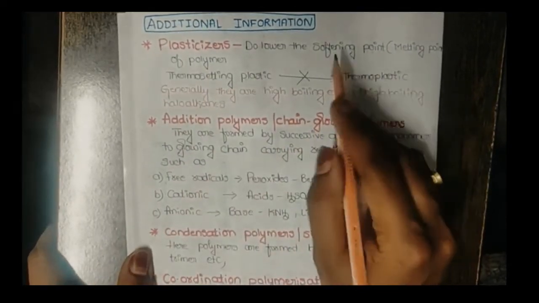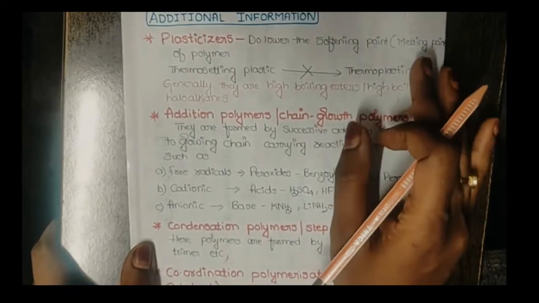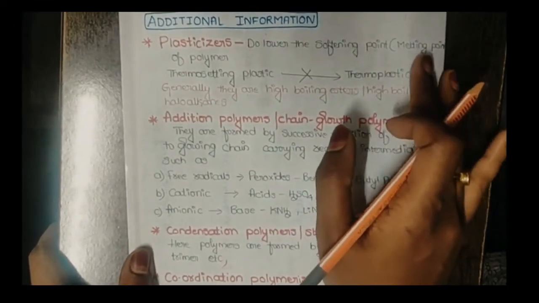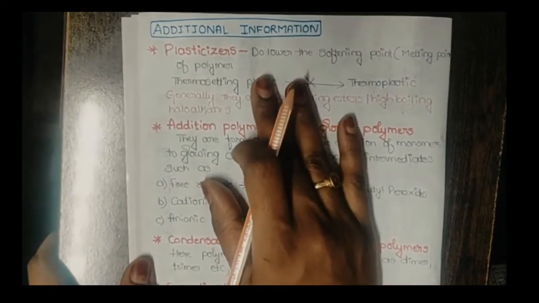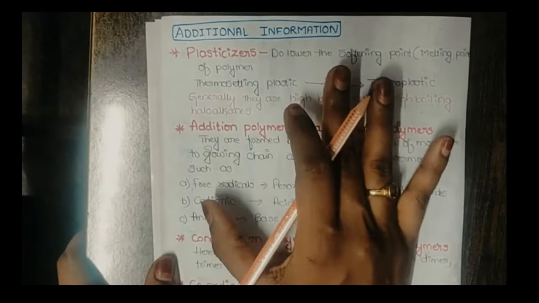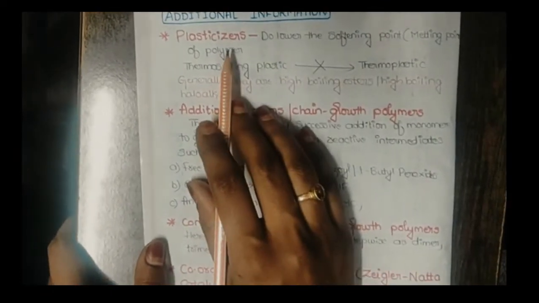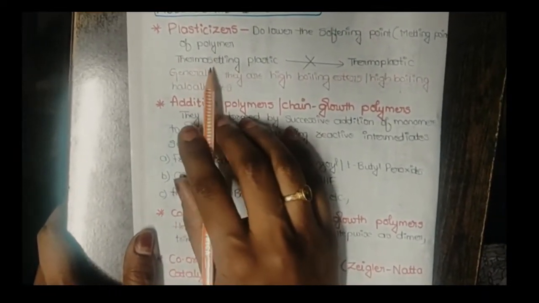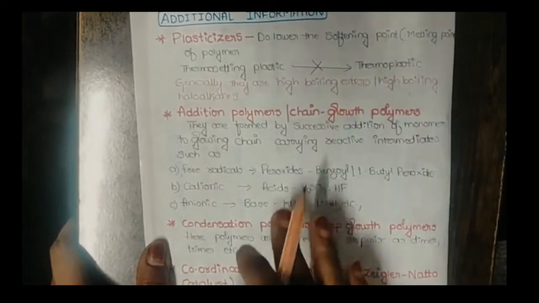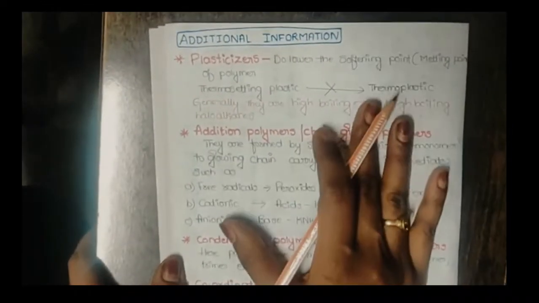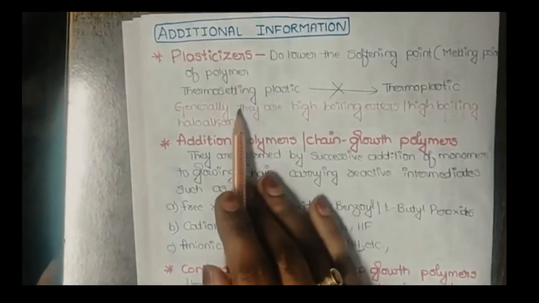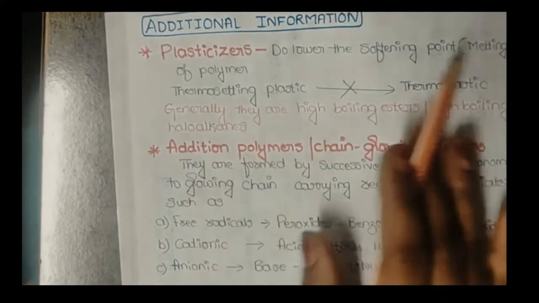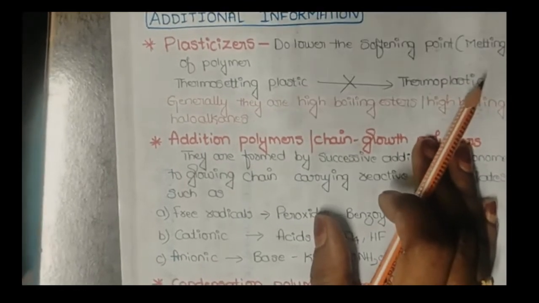What do you mean by softening point is something like, we can also call it the one which reduces the melting point of a polymer. So it does not mean that a plasticizer can be used for converting a thermosetting plastic into a thermoplastic. So this is not true. We cannot use plasticizers for converting a thermosetting plastic into a thermoplastic.